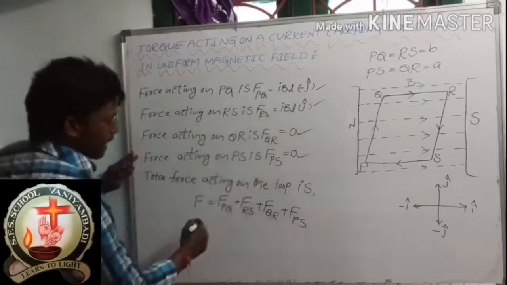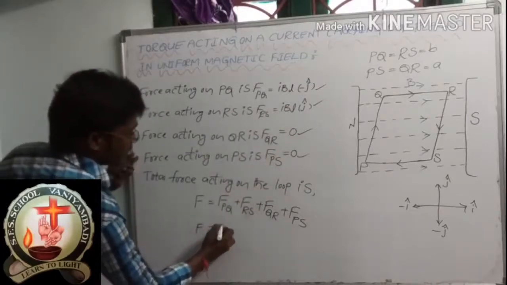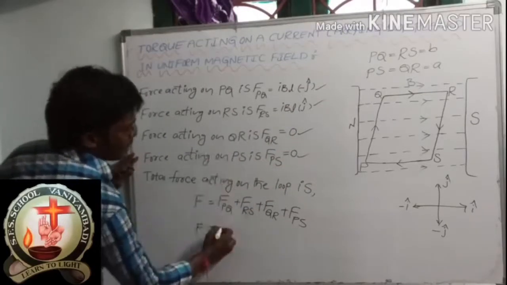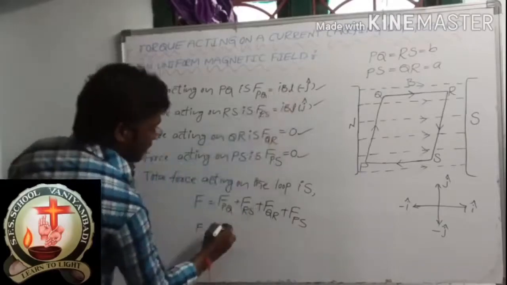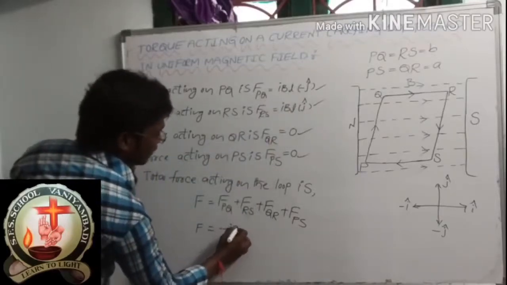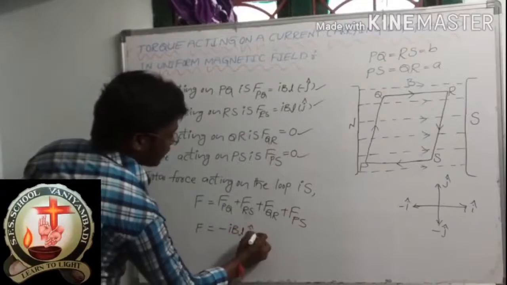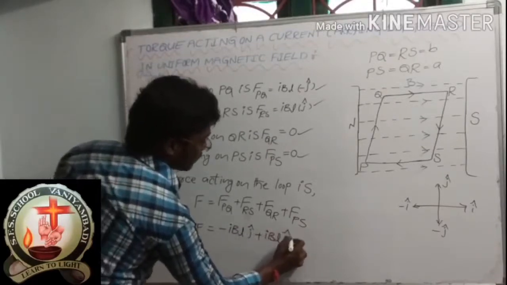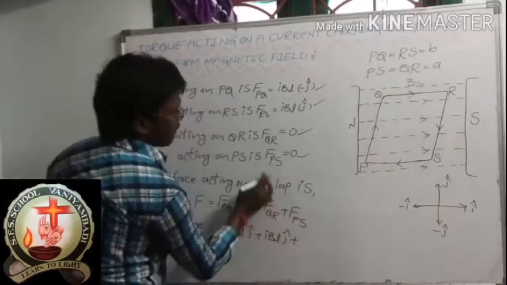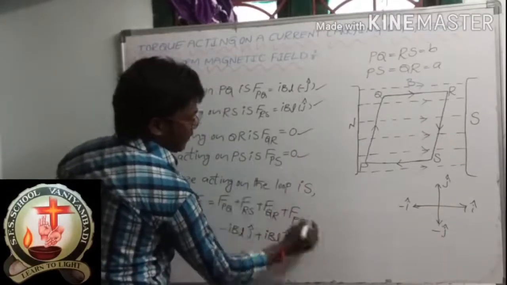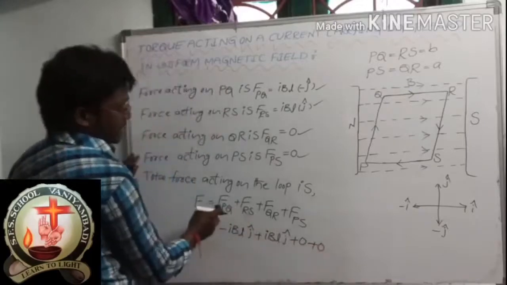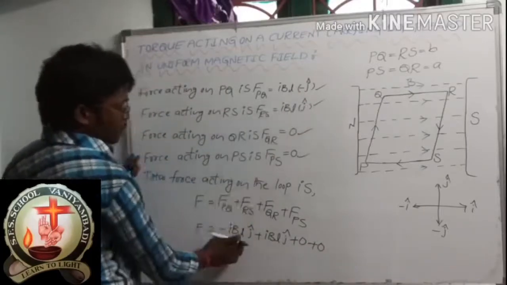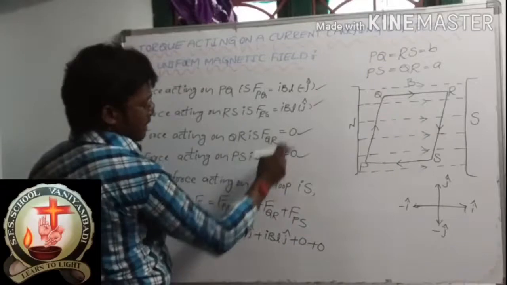Now you can substitute the values. F is equal to minus IBL j cap plus IBL j cap plus, what is the F_QR value? 0. And what is the F_PS value? 0. This F_PQ value is this one, I substituted. This F_RS value is this one, I substituted.